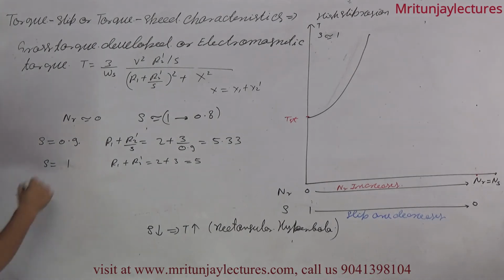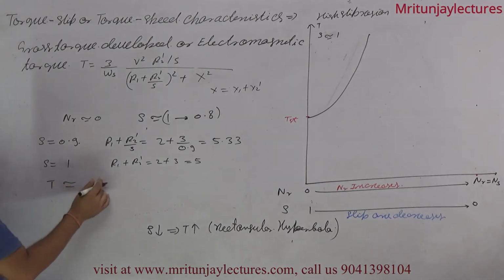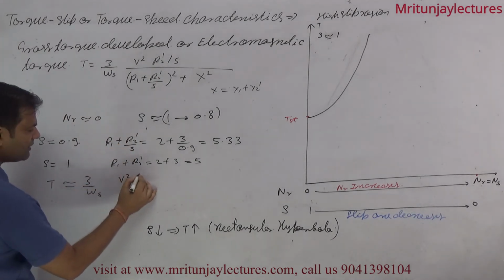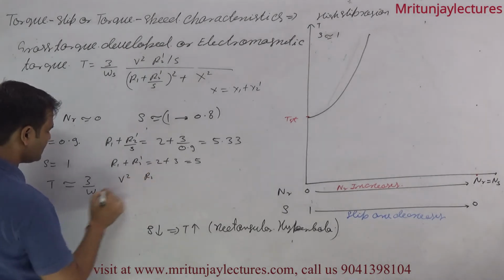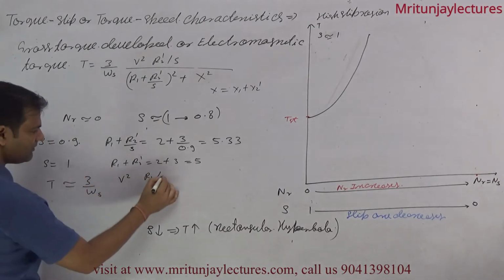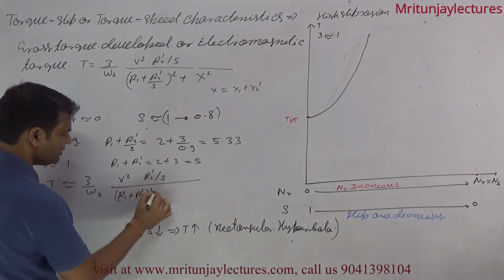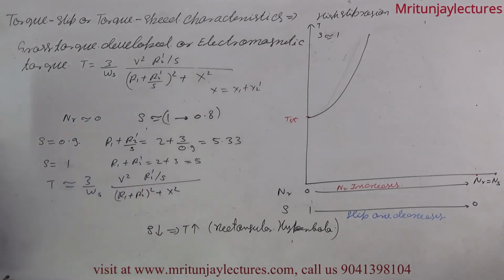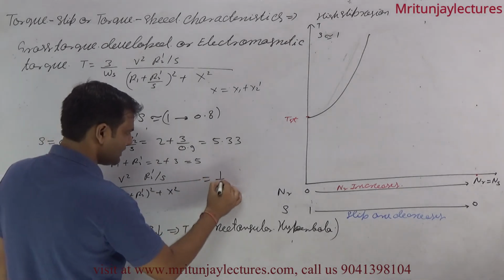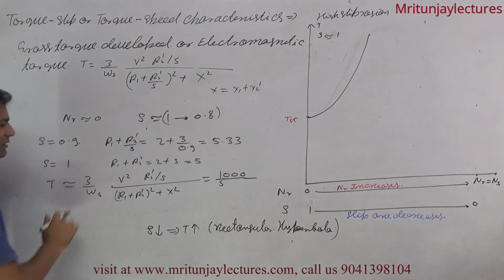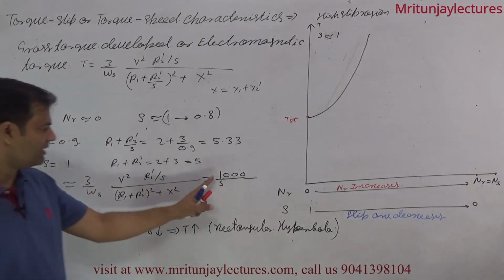Now what about torque? We got torque equal to 3 by omega s, V square R2 dash, divided by s, whole R1 plus R2 dash the whole square plus X square. This one is also written as 1 by s into 1000, because it depends upon slip.